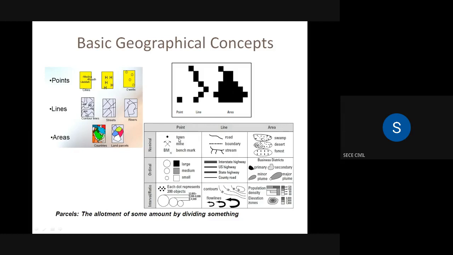In nominal symbols, a point is used for denoting a town, mine, benchmark. These are the symbols: for a town, a dot; for a mine, they use an axe symbol; for a benchmark, they use BM. For denoting a road, a line symbol is used, a curved road or a straight road with a continuous dotted line. For a stream, they use this kind of line.